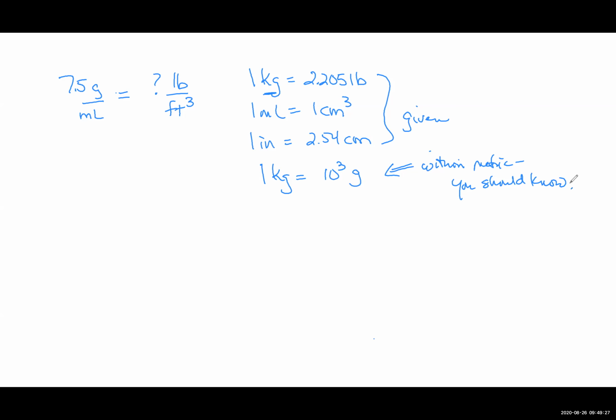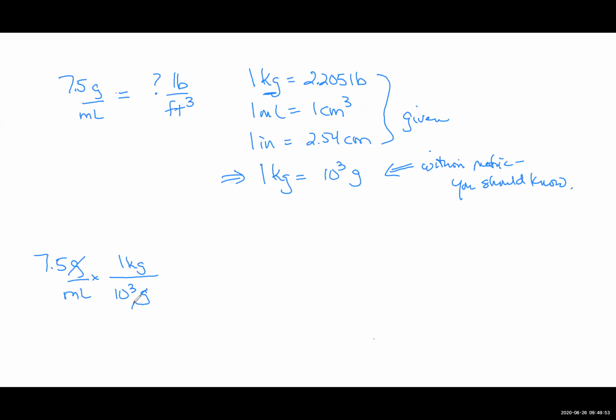All right, so where do we start? Always start with the given: 7.5 grams per milliliter. It doesn't matter if you get rid of the grams and go to pounds, or if you do the milliliters to foot cubed. It makes no difference what order. I usually change the thing on top first, but it really doesn't matter. So what do I have with grams? I know that there are 10 to the third grams in 1 kilogram.